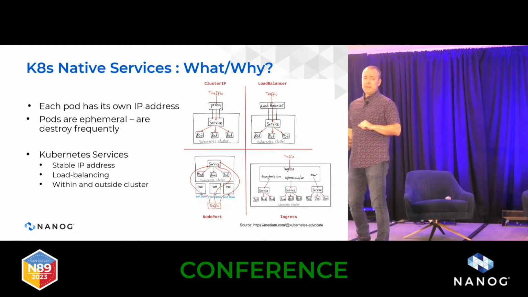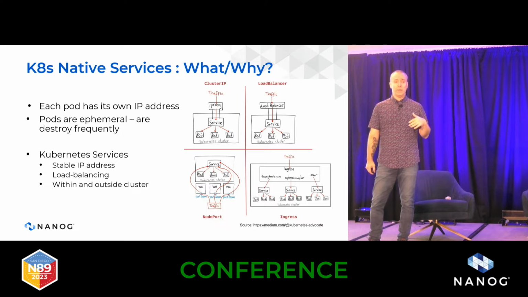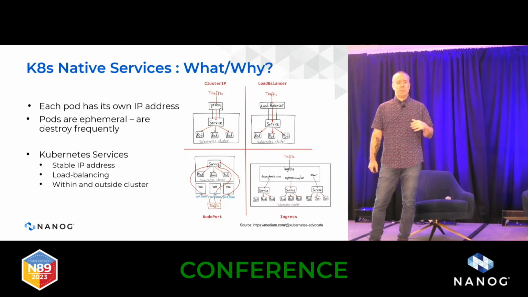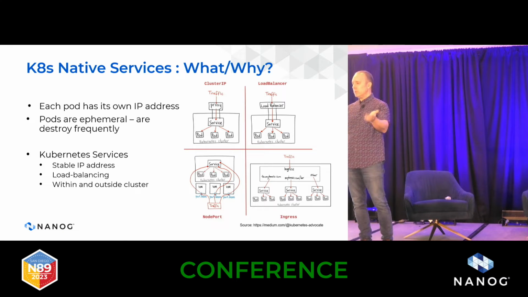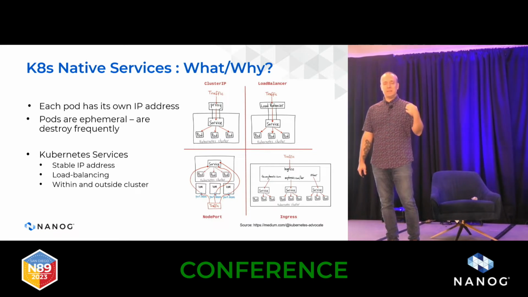Cluster IP, for example, works with a very simple round robin. But you can actually install something more advanced like an ingress controller that can have many other different ways to do that. And those services can work inside the cluster.